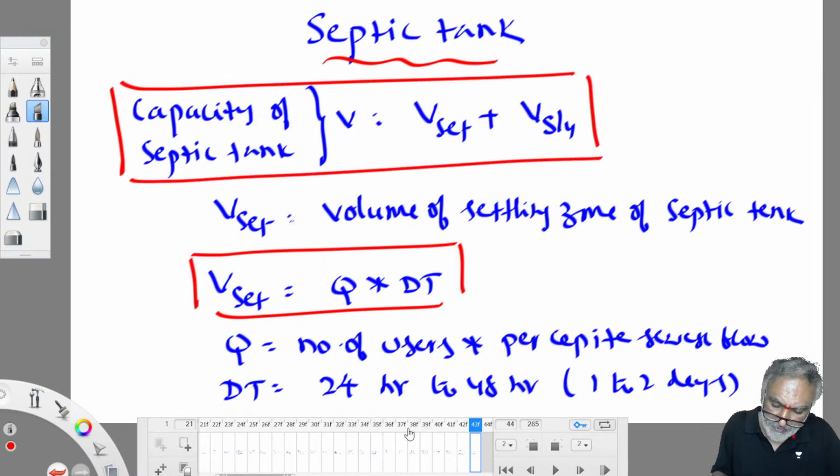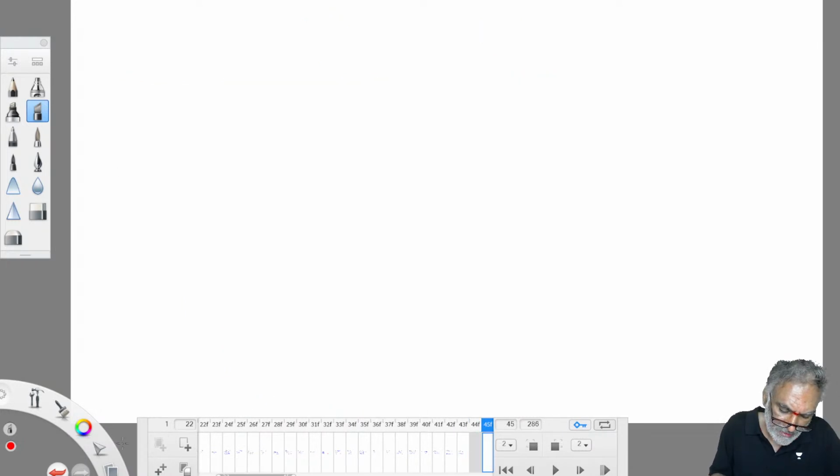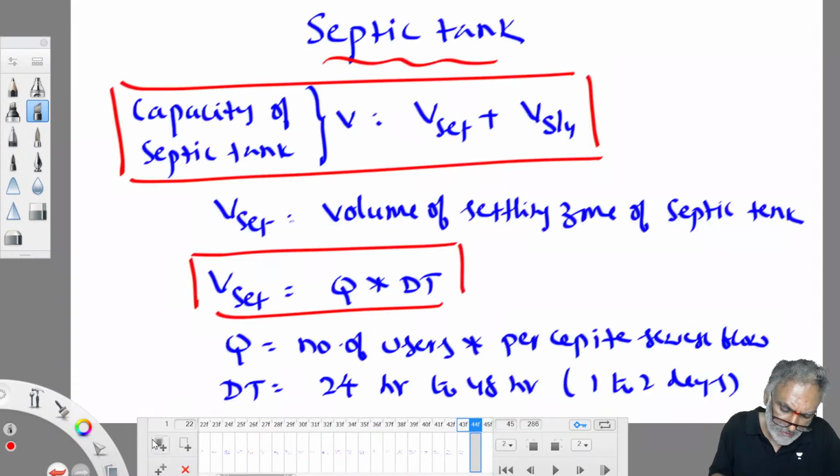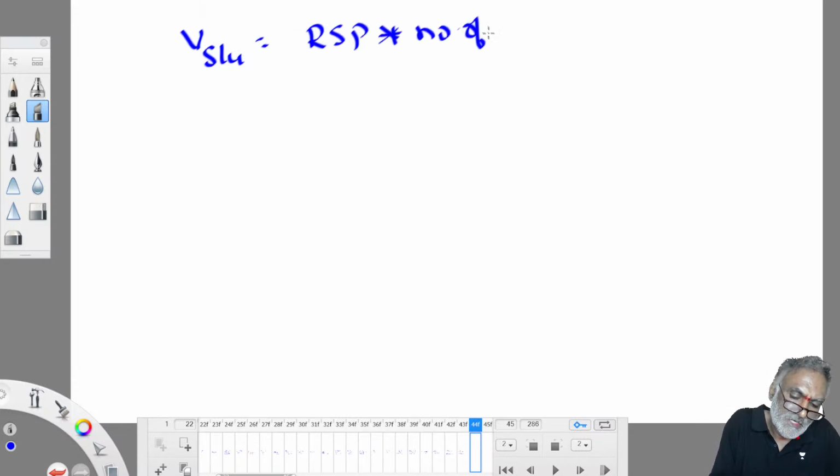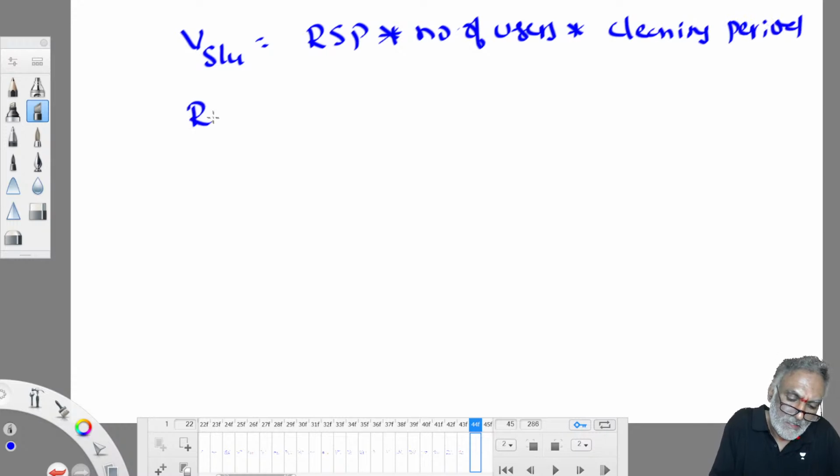And the sludge zone of the septic tank is fixed based on rate of sludge production into number of users into cleaning period. RSP stands for rate of sludge production.